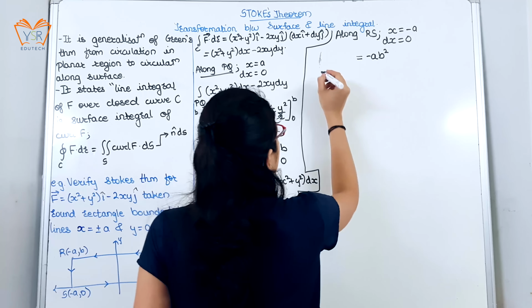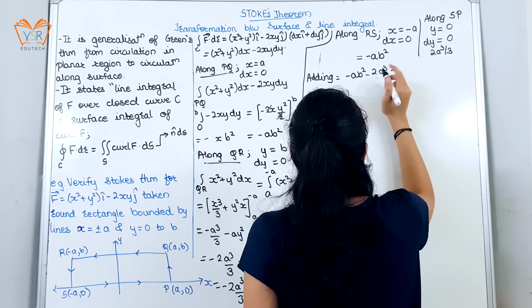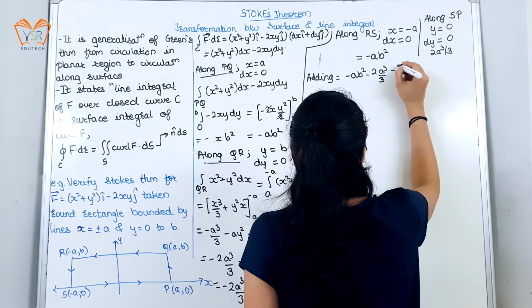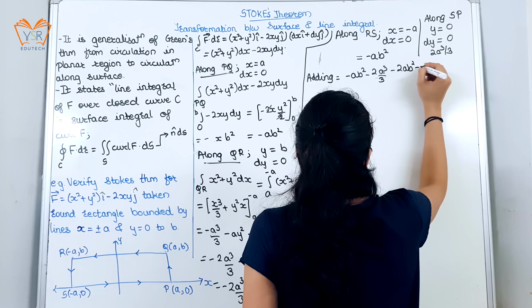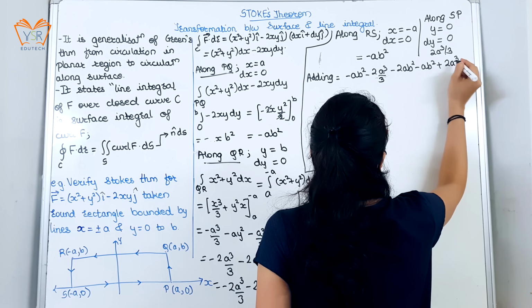Simply add these four values. It is minus ab square minus 2a cube by 3 minus 2ab square minus ab square, and the last value is plus 2a cube by 3.